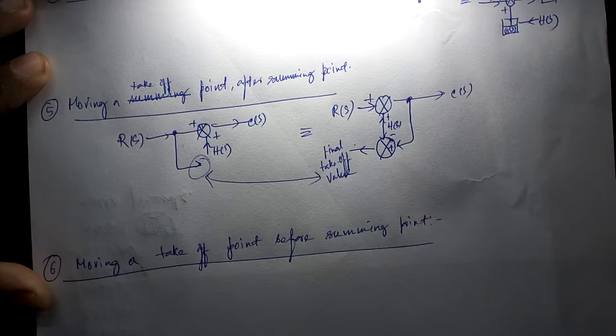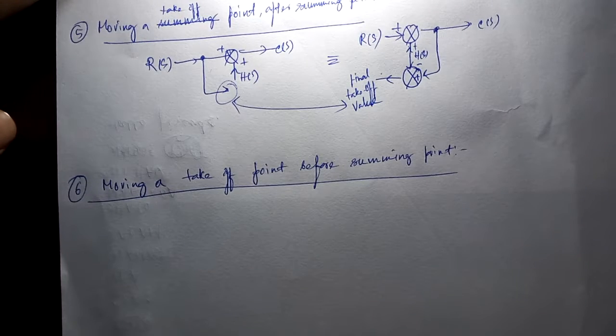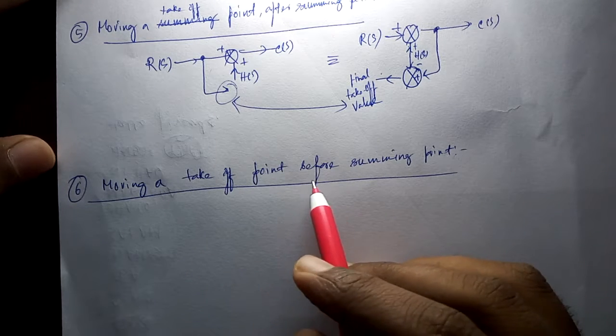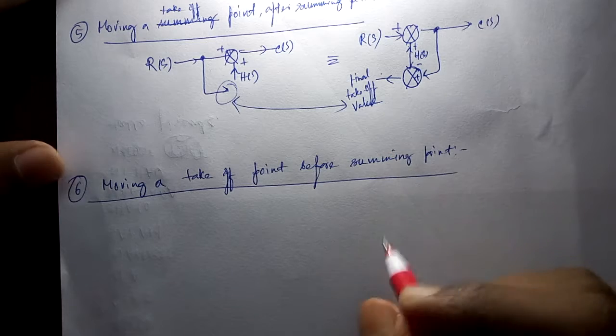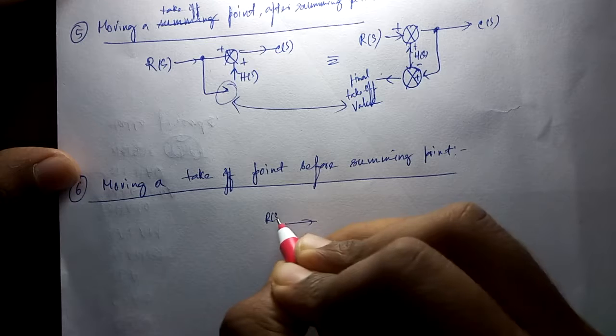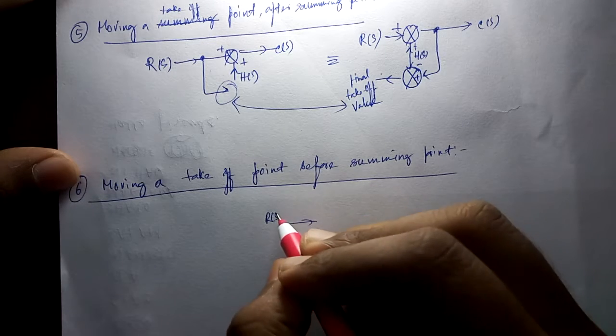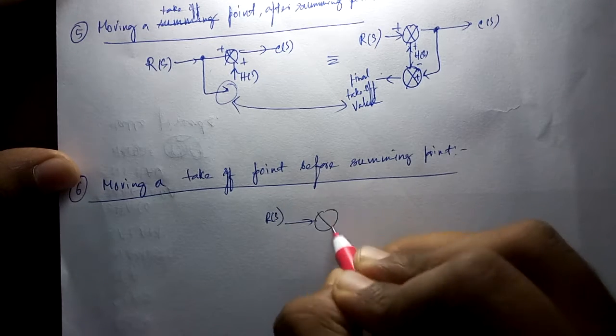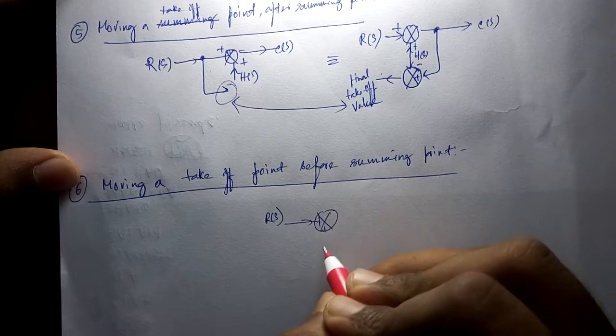Now the third part, meaning the sixth and the final part. This is moving a takeoff point before a summing point. Meaning previously the takeoff point was after the summing point. The representation will be like this.